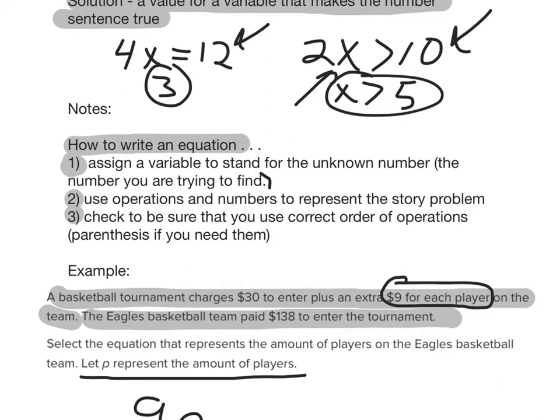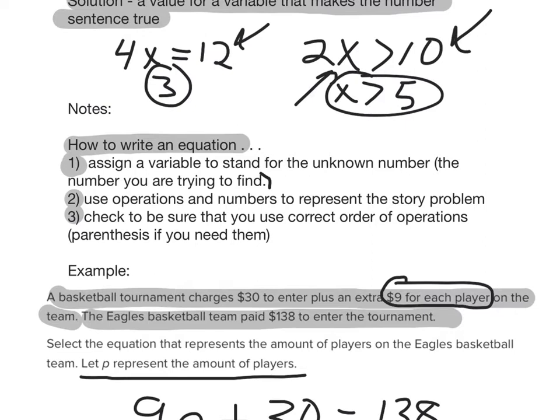So what I'm trying to say is you're going to have to pay $9 for each player, plus you're going to pay $30. That number is a constant. It won't change. Okay, it's $30 for the team, plus $9 for each player, and the total has to equal $138.